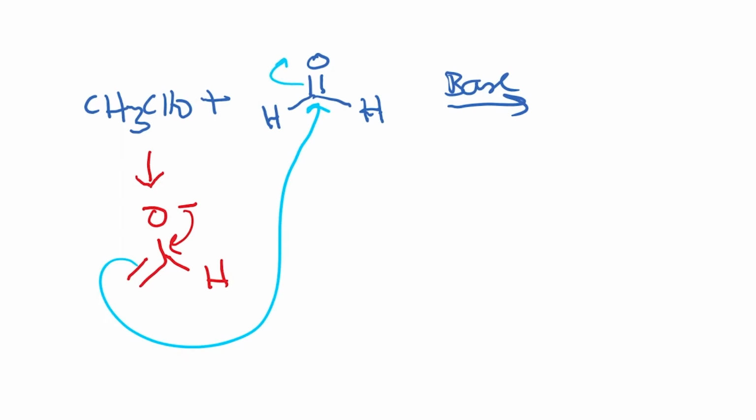Okay, so let me just draw out this product here so that you understand the chemistry. So I'm just going to flip this carbon to the other side just so that it's easy for us to understand this. Now this is the aldehyde, so this is 1, 2, 3, and this is carbon number 4 and oxygen is number 5.